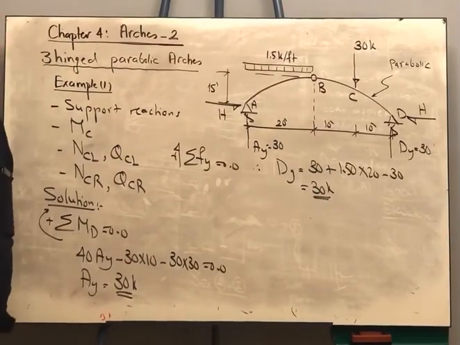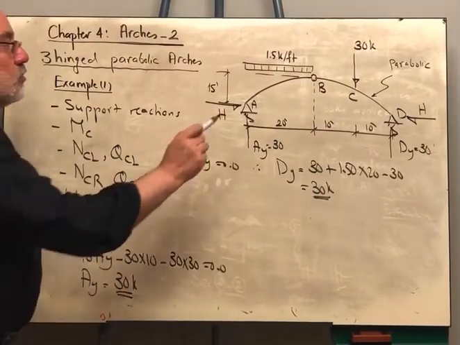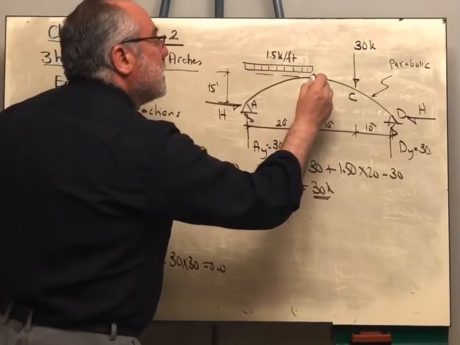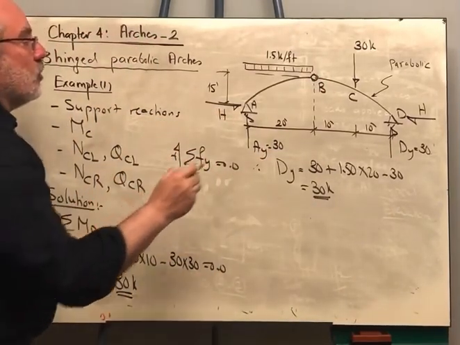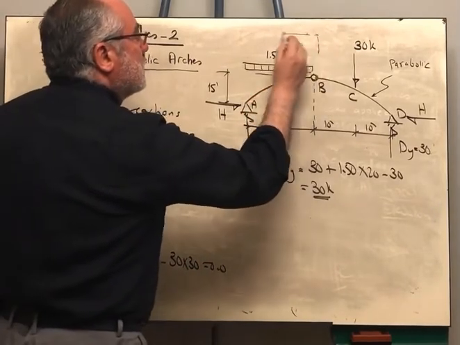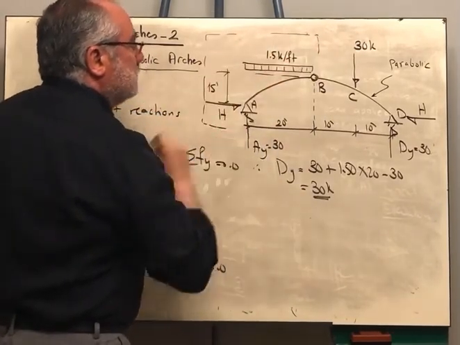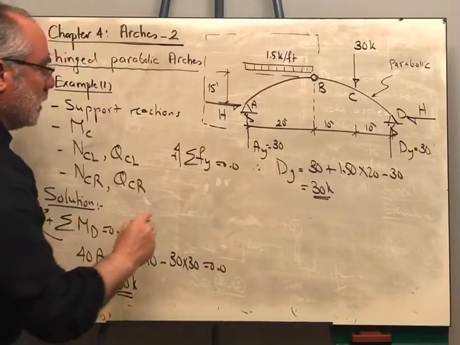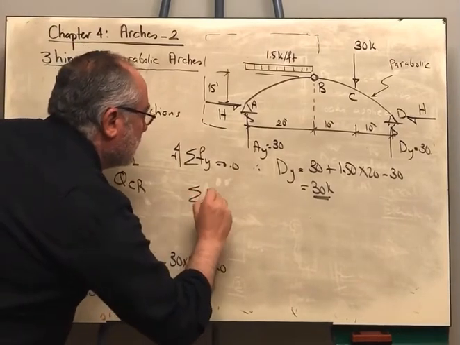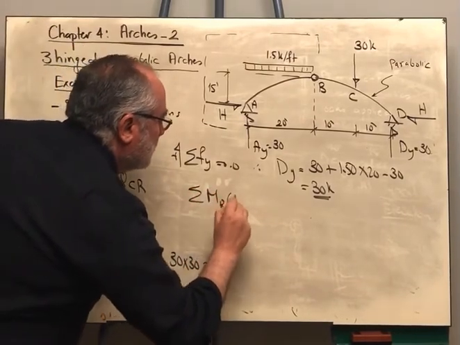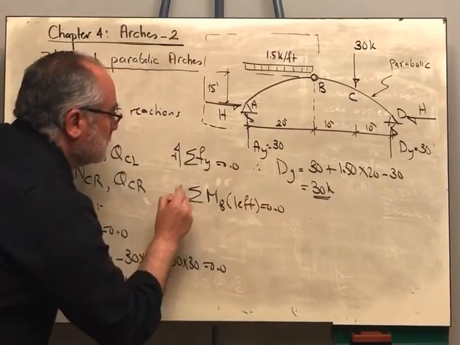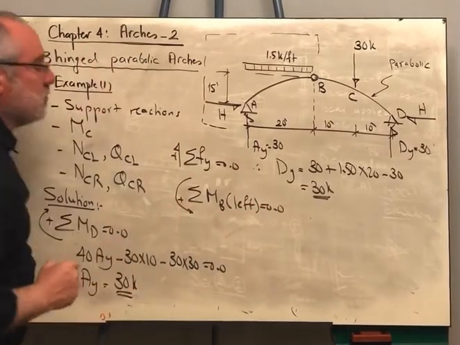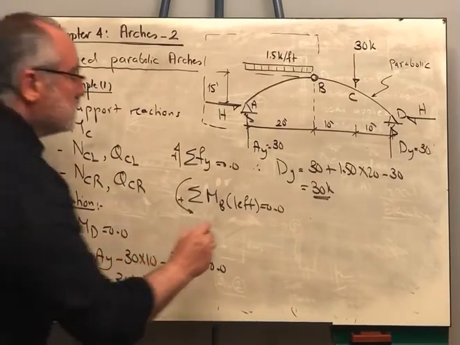How can we get the horizontal reaction? We can get the horizontal reaction by taking moments about point B, either from the left hand side or the right hand side. I will take the left hand side here. So I will say sigma MB from the left is equal to 0, and this will be the positive assumed direction.